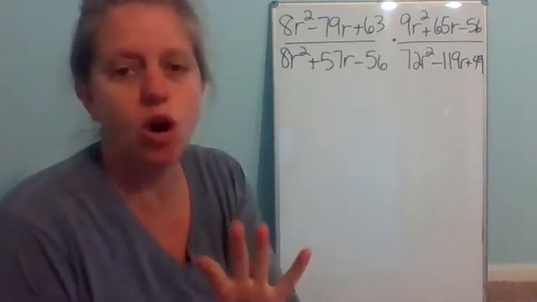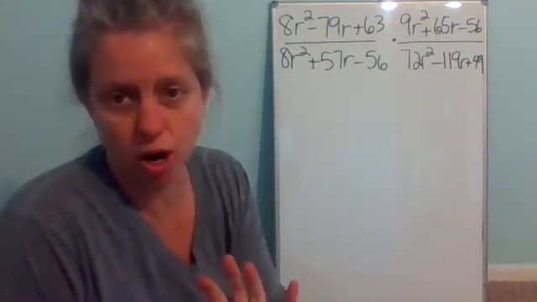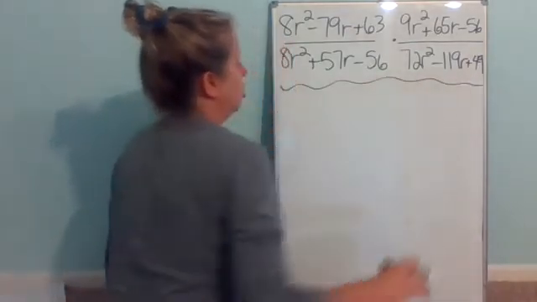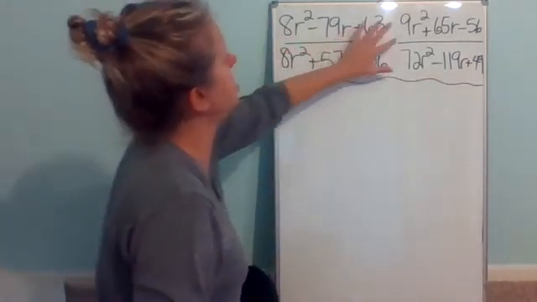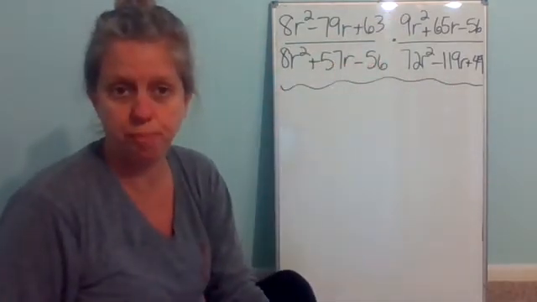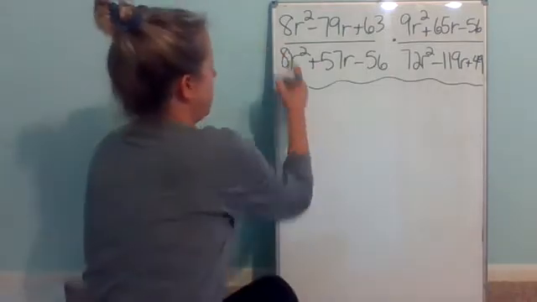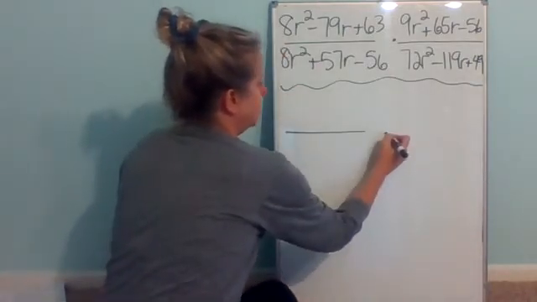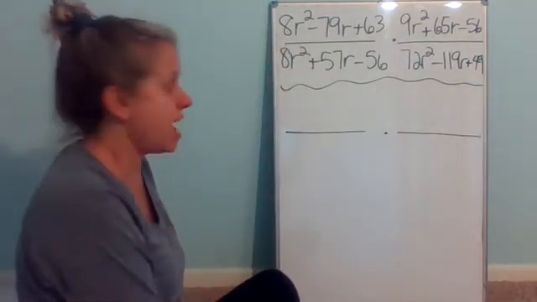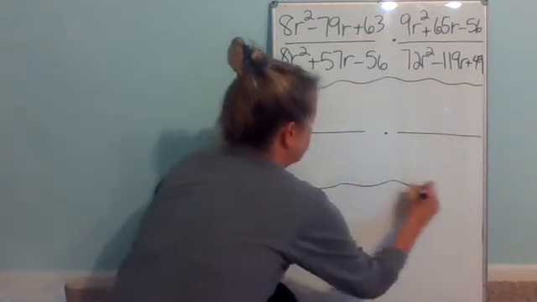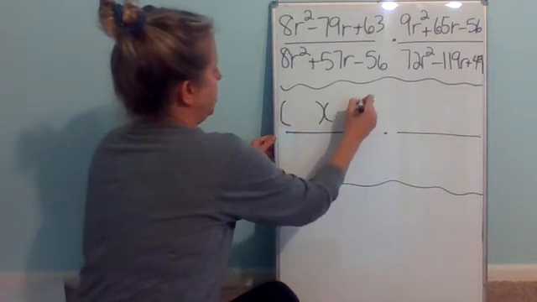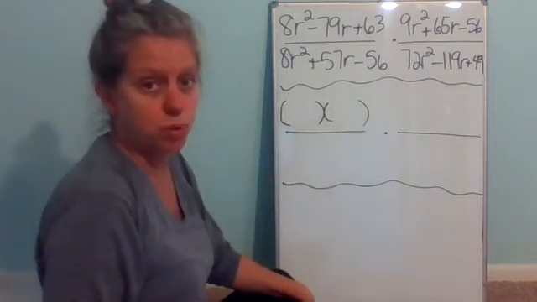So here's how I'm going to organize this work. What needs to occur is all of these need to be rewritten in their factored form, which means I'm going to rewrite these fractions, and they're going to be in their factored form. So everything that's going to be factored is going to end up being in its two parentheses, right?